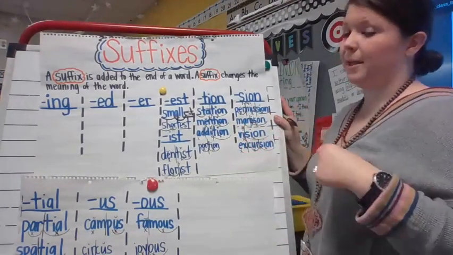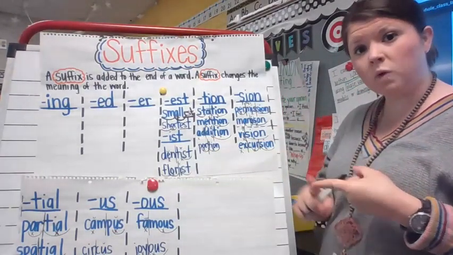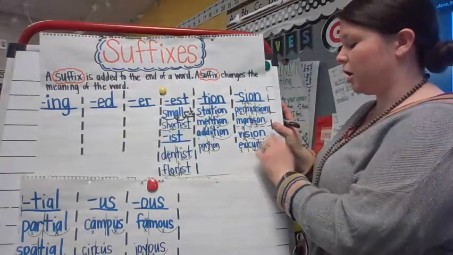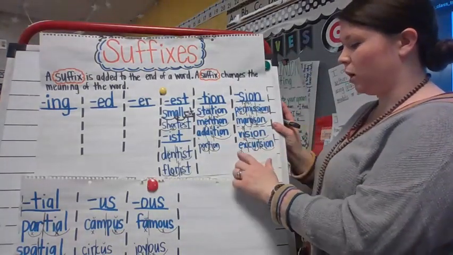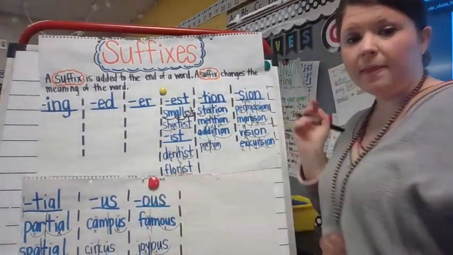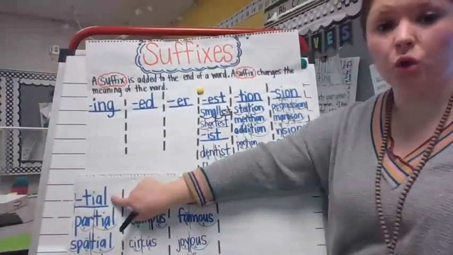Then we have it saying zun. It says zun when it comes behind vowels or those bossy R vowel sounds, like in vision, vision, or excursion, excursion. Okay? Then we have the suffix tial, which says shoal.